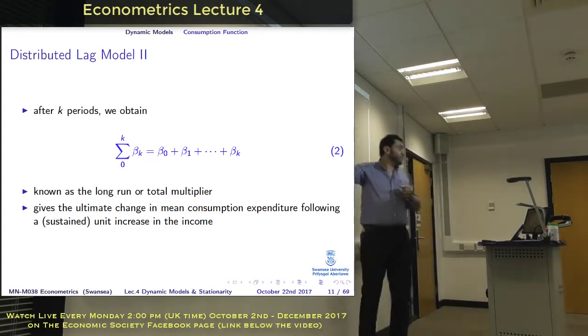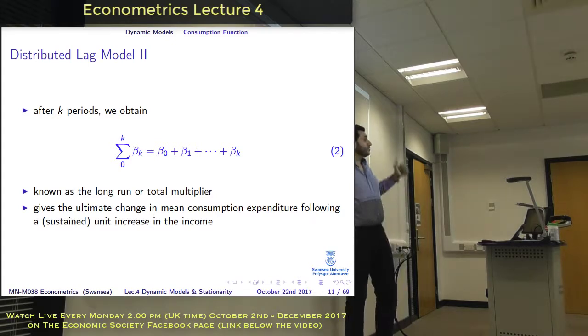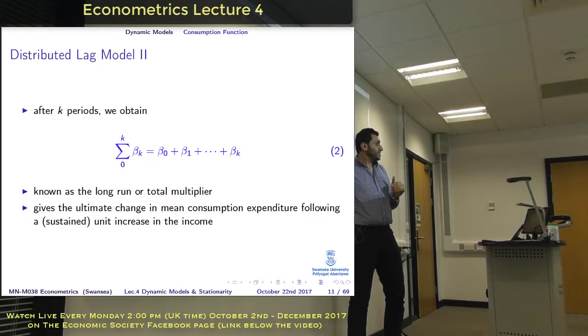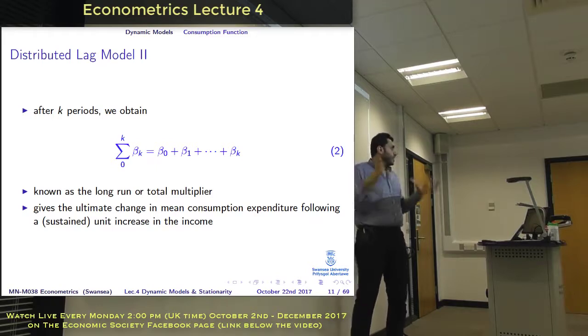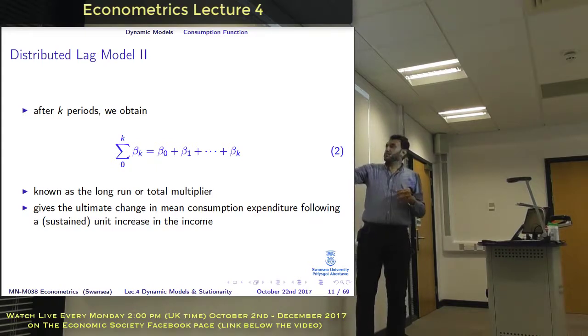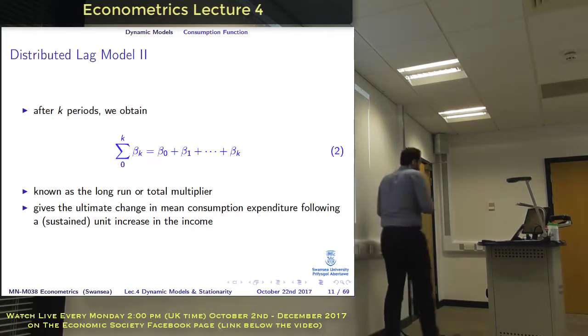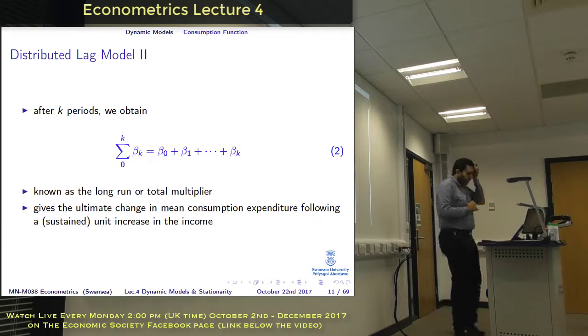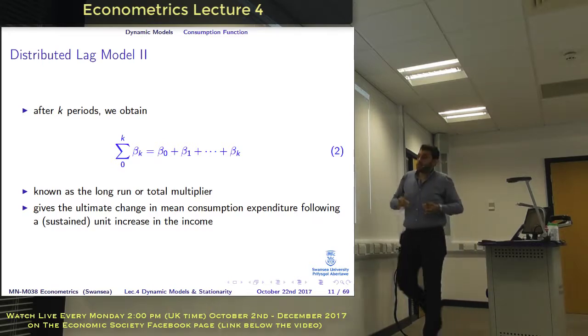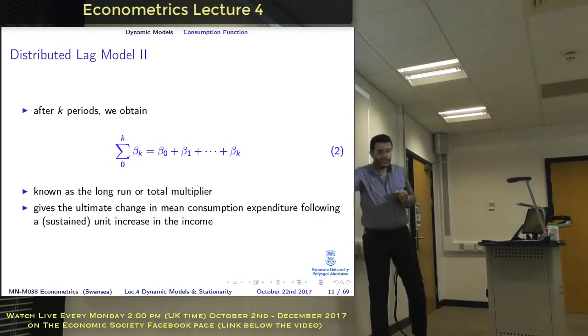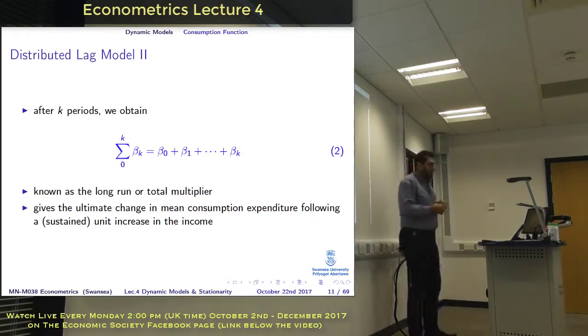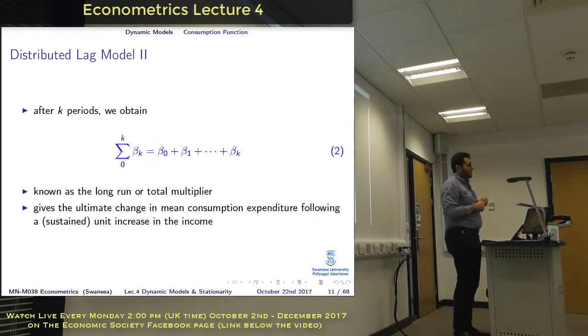The sum of all these betas, in our example from beta 0 to beta 16 because we had 16 lags, or in the more generalized form from beta 0 up to beta k, is called the long run, or the total multiplier. This gives the ultimate change in mean consumption expenditure, which is yt, following a sustained unit increase in income.